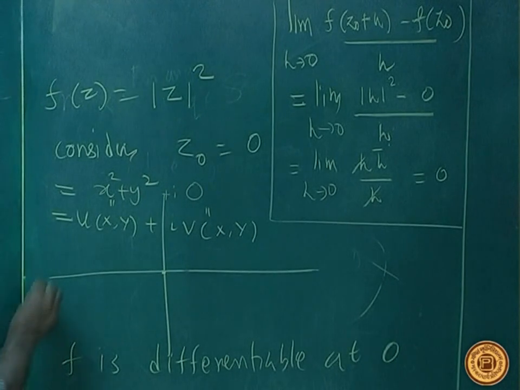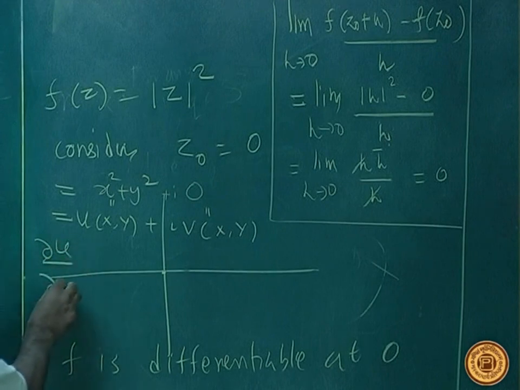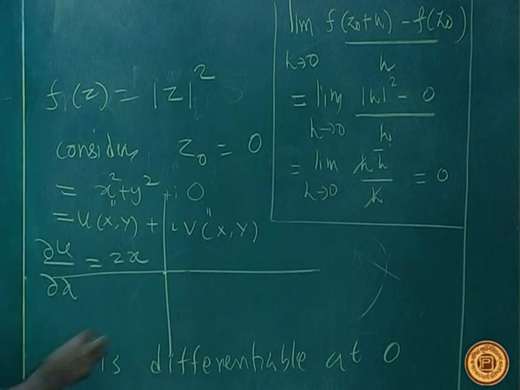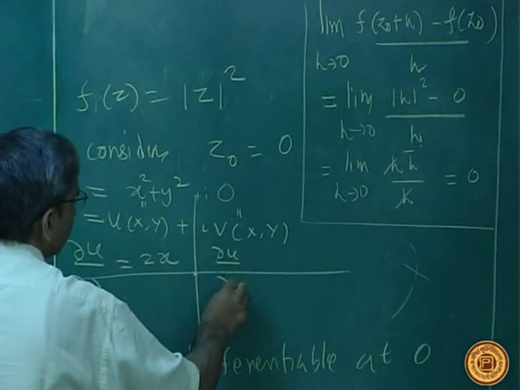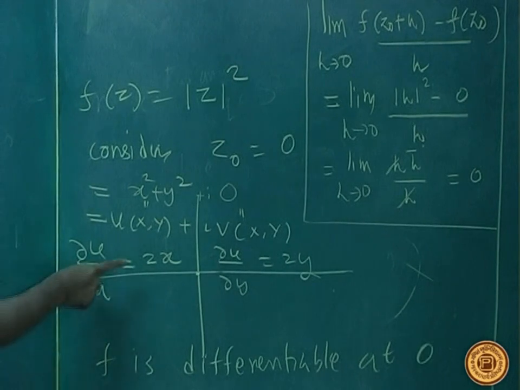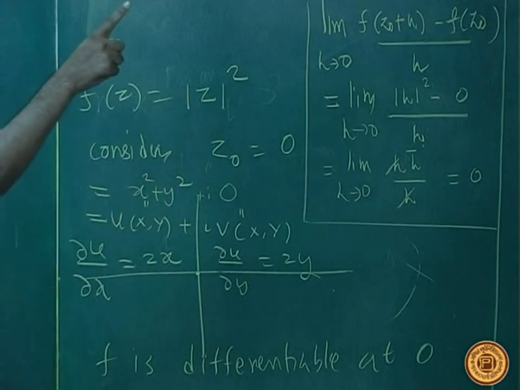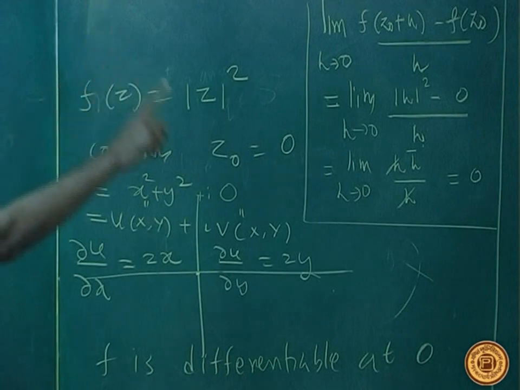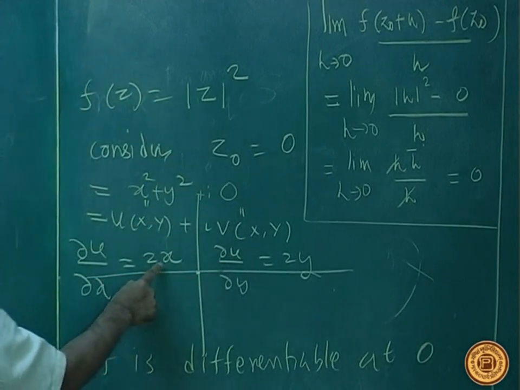Now, what is dou u by dou x? Dou u by dou x is 2x. Dou u by dou y is 2y. And for dou u by dou x, I want dou v by dou y for differentiability. But v is 0, so I want 2x equal to 0.